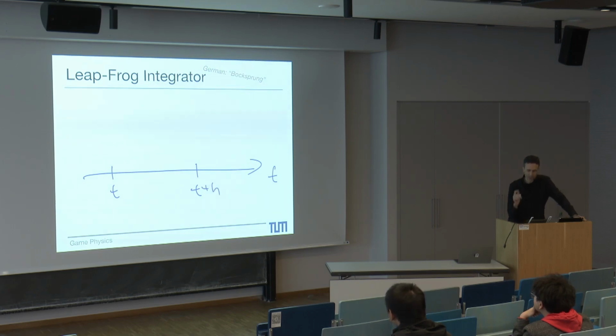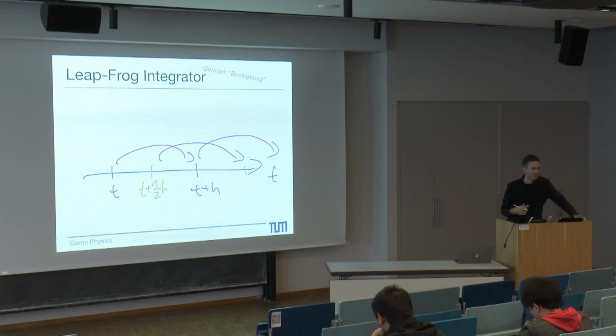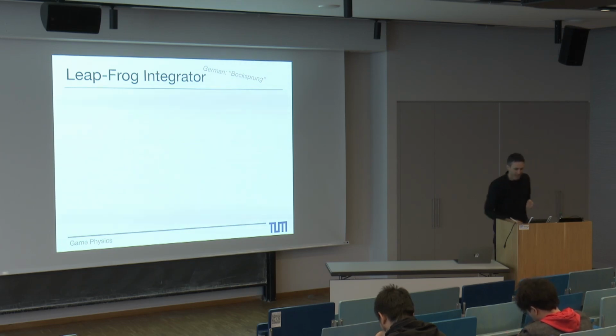And now we imagine that the different quantities, say position and velocity, are not always at the same time, but maybe the velocity is actually stored at different locations, namely t plus 1/2 h, and here plus 3/2 and so on. And the updates then also proceed in this way by basically jumping over each other. Right, that's where the leapfrogging comes from, jumping over one another.